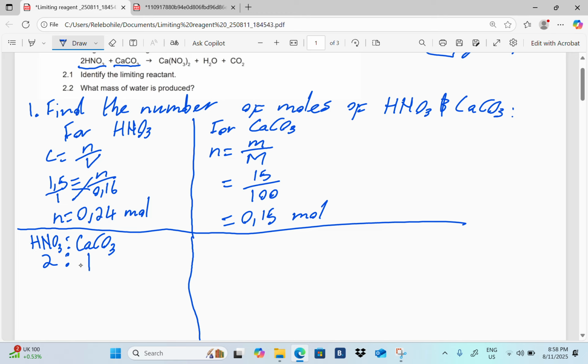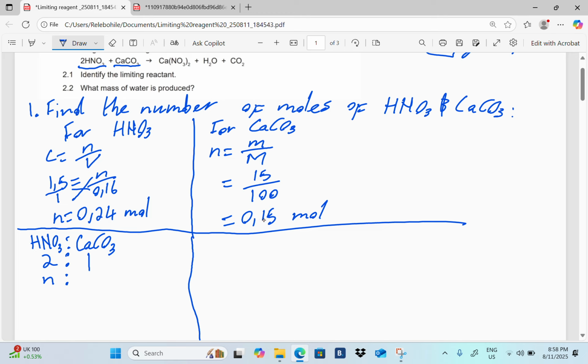So I'll say 2 is to 1, and then after writing the ratio, I will now write the number of moles of these two substances. Let's say I want the number of moles of nitric acid. Because I don't know that answer at the moment, I'll just put n here. Then on this side, I will put the number of moles of calcium carbonate which I found in the first step.